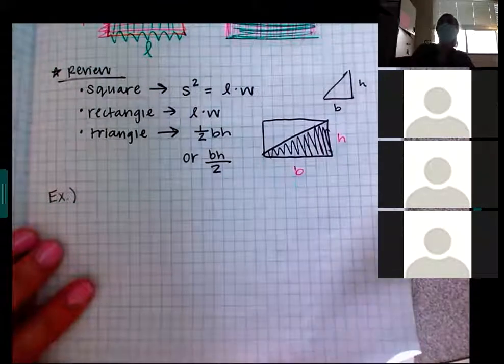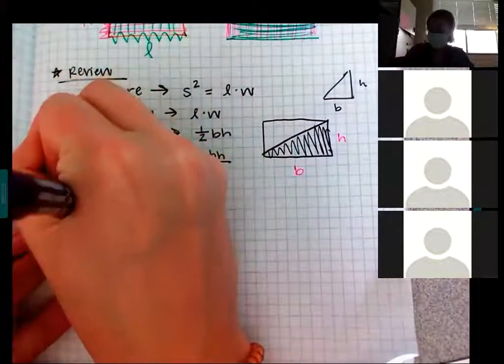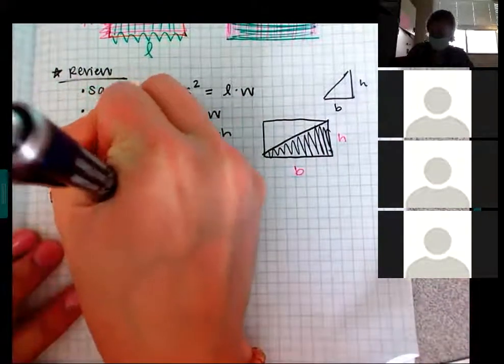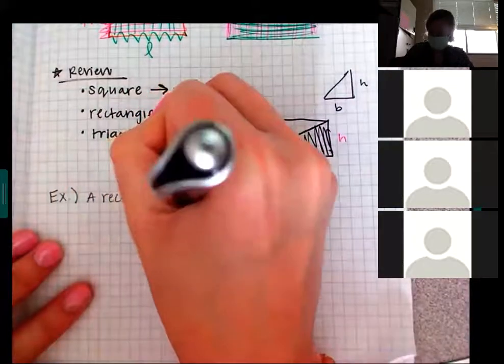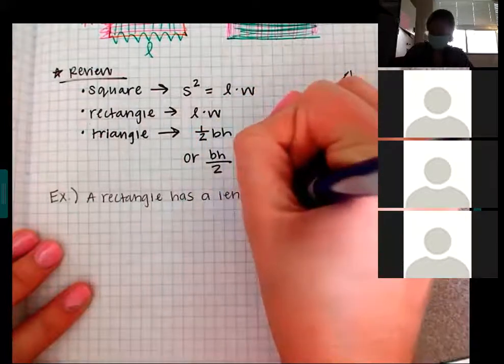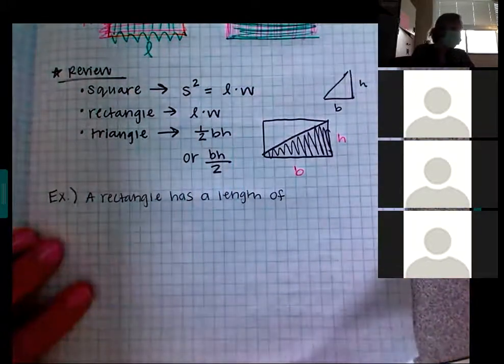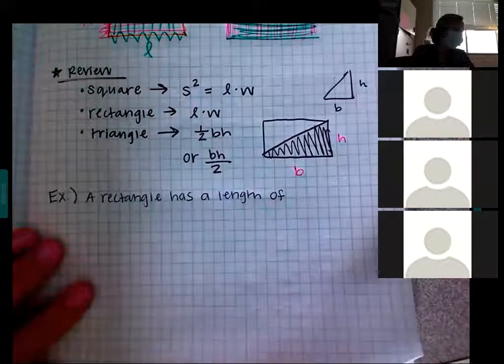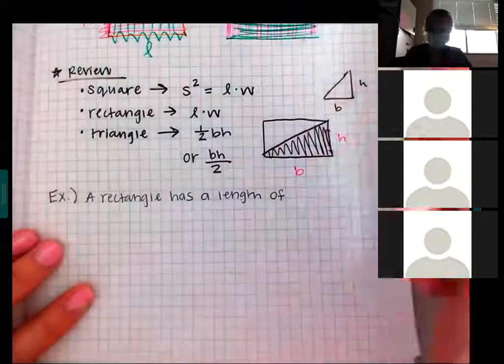All right. Example 1. A rectangle has a length of, I don't know. I like that number. 10 works great.